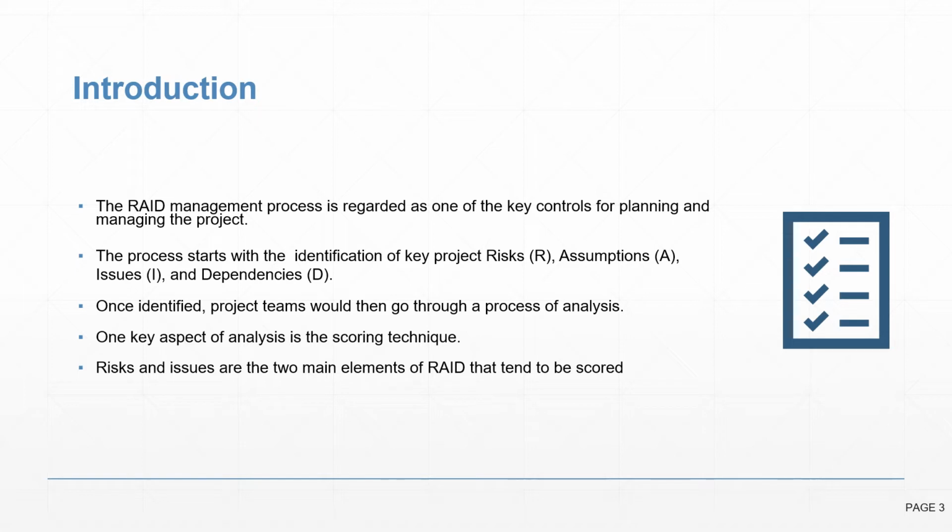The process starts with identification, and what we're about to talk about now is what happens after the identification, which is the analysis. One of the key techniques used to analyze a risk, assumption, or an issue is what we call scoring. And that's what we're going to look at right now.